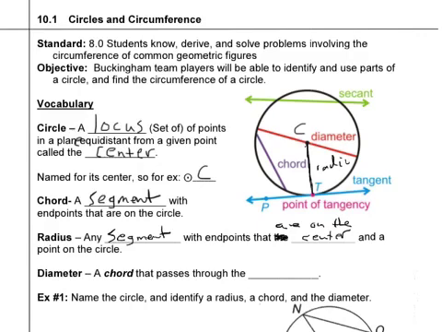Notice it comes from the center and goes to the endpoint, and any line here from the center to the edge of the circle is a radius. And a diameter is a chord, so it's a segment that goes from one point of the circle to the other, but it always passes through the center.